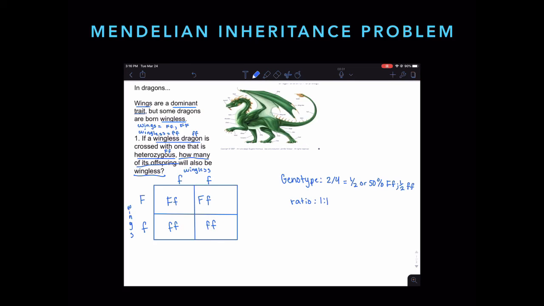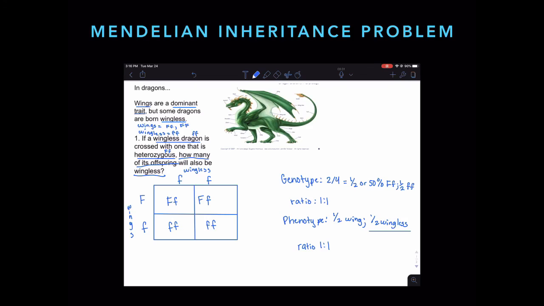Using the phenotype ratio, I'm going to solve that the 50% of the Ff heterozygous means that 50% will be the dominant with wings. But on the other hand, there's 50% lowercase ff, which means there's 0.5 of wingless. So the answer to the question is 1/2 wingless.